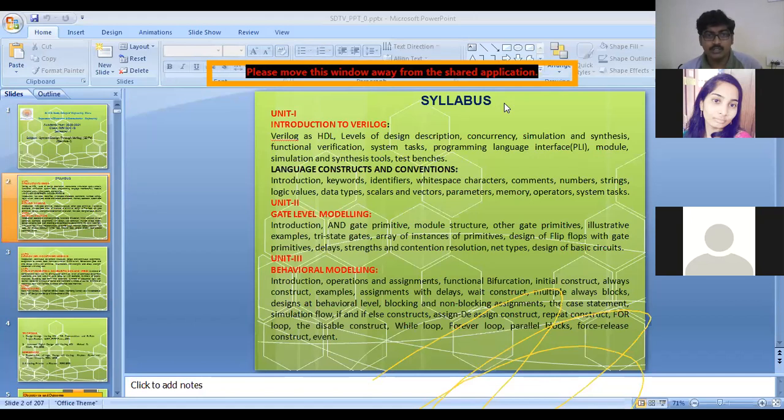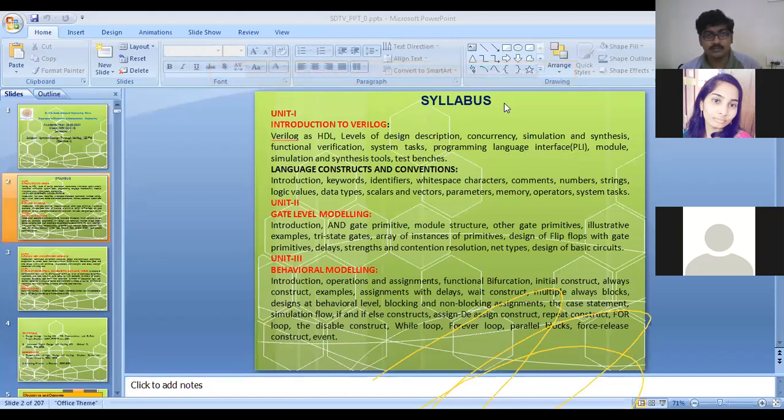One is the data flow model, another is the behavioral model, the third one is the structural model, and the fourth one is the hybrid model, which is the combination of any two or three. In a similar fashion, we also have these concepts in Verilog.